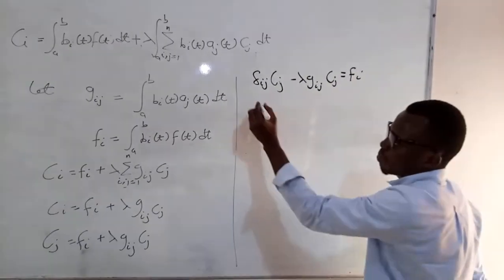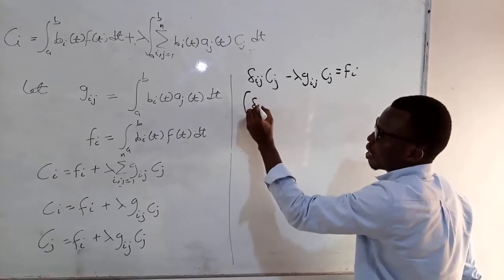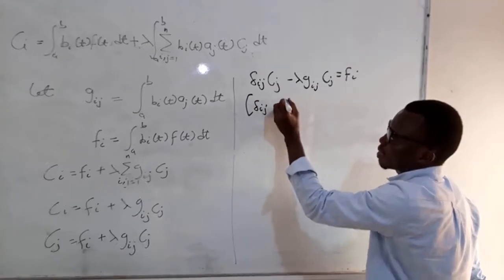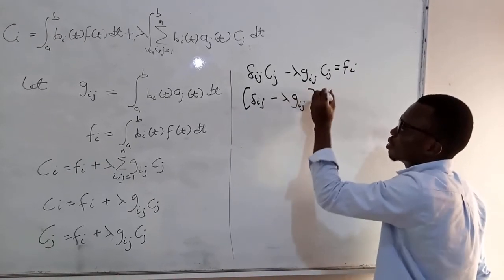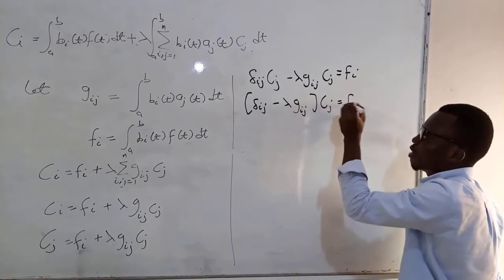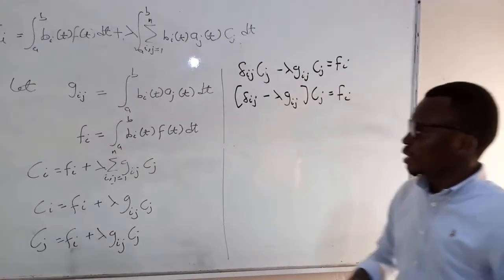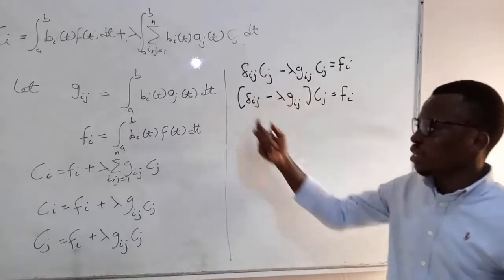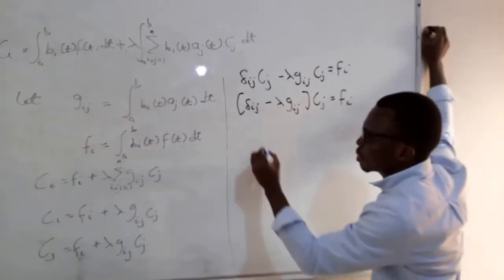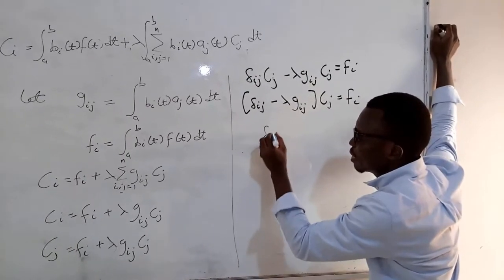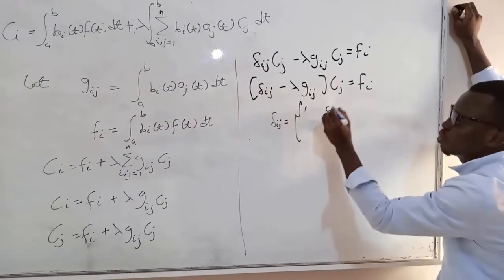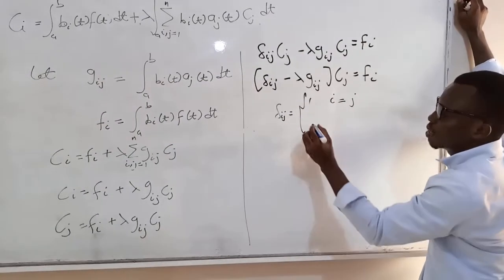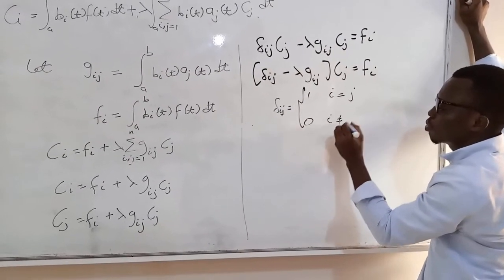So this one here becomes delta ij minus lambda Jij cj to be equal to fi. And this is a Kronecker delta function, and it says that delta ij is 1 when i is equal to j, and 0 when i is not equal to j.